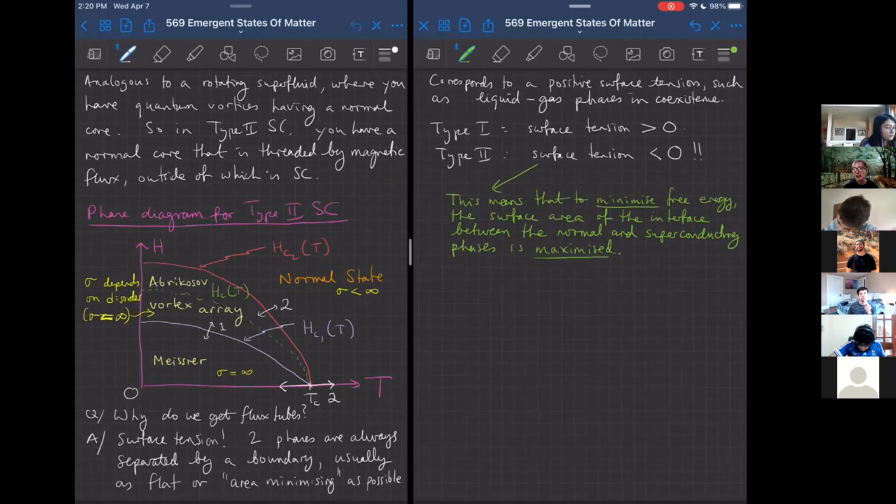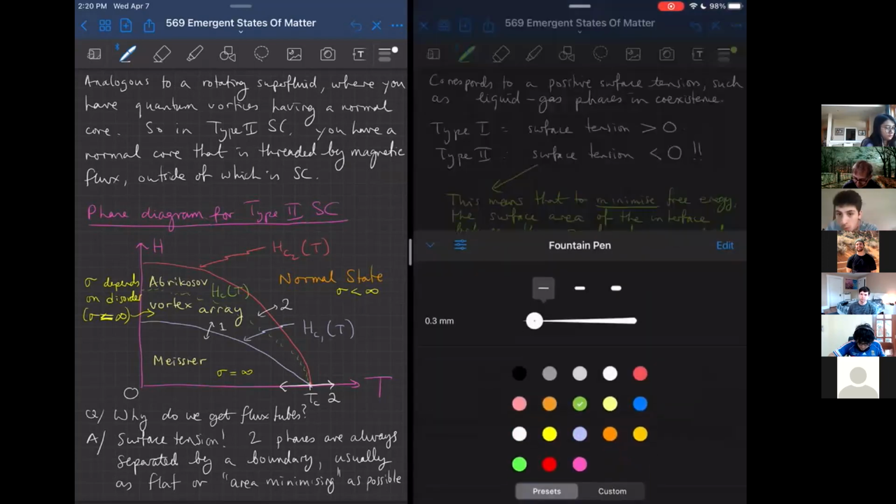So now you want a surface, an interface that is trying to become as convoluted as possible. But on the other hand, it can't get infinitely convoluted.